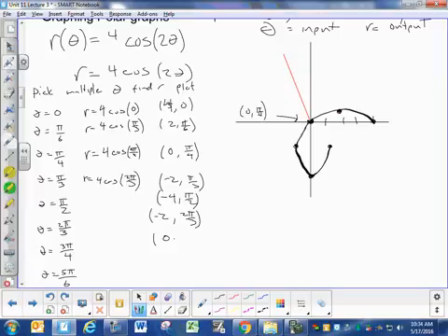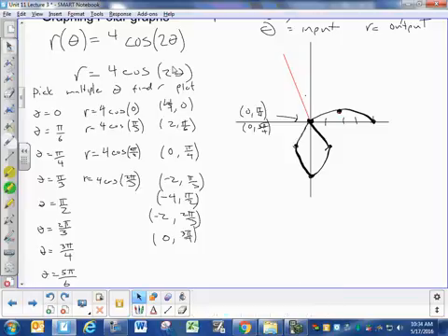I'd have a radius of 0 and then 3 pi over 4. All of a sudden, I have another point at what we are used to thinking of as 0, 0, but also is 0, 3 pi over 4, and 0, pi over 4. So my graph actually goes back to where it's already been on the coordinate plane.